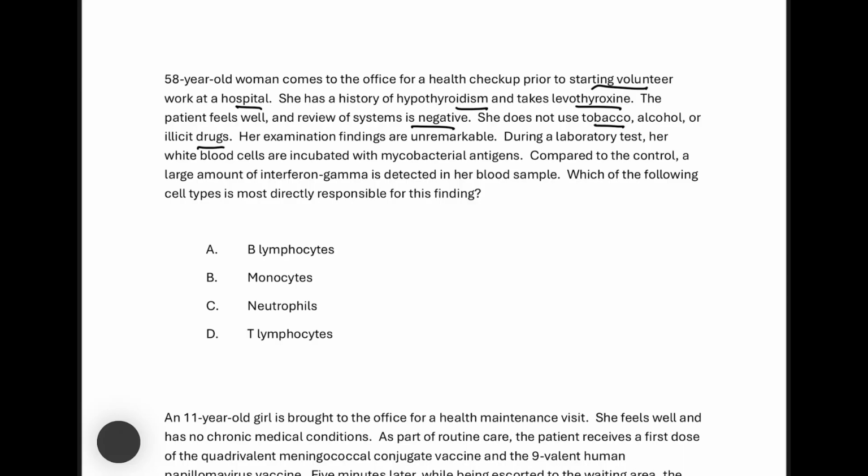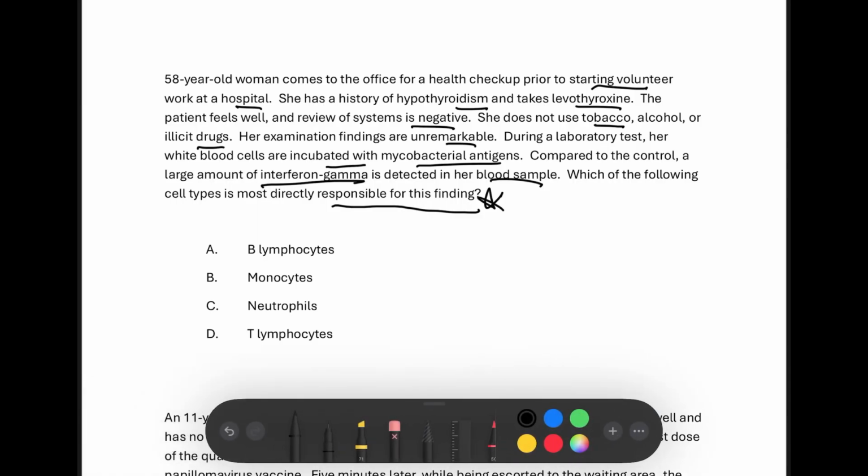Her examination findings are unremarkable. In a laboratory test, her blood cells are incubated with mycobacterial antigens compared to control. A large amount of interferon gamma is detected in her blood sample. Which of the following is most directly responsible for these findings?